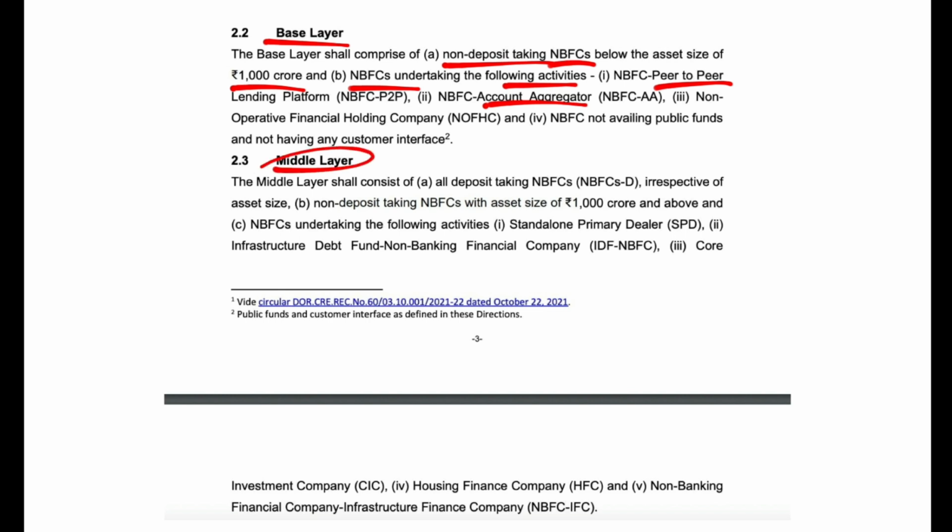In the middle layer, you have all the deposit taking NBFCs and non-deposit taking with asset size of 1000 crore and more. You also have the core investment company, the housing finance company, the infrastructure finance company, the infrastructure debt fund NBFC, standalone primary dealer. So all of these are the middle layer.